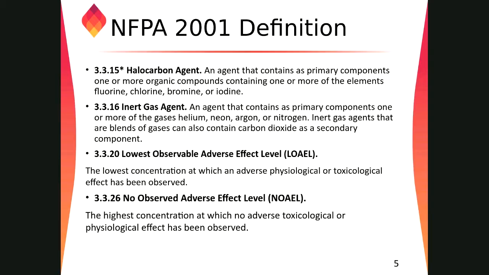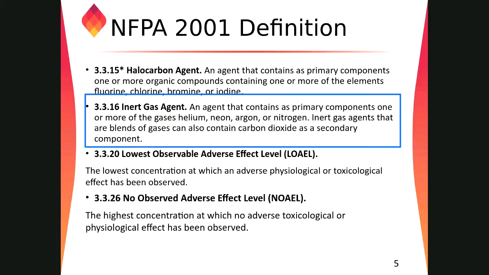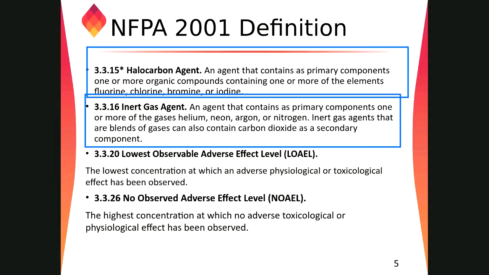The agent contains as its primary component one or more of the gases helium, neon, argon, or nitrogen, and sometimes carbon dioxide as a secondary component. So in the clean agent system, we have two kinds of products: the halocarbon agent and the inert gas agent. We'll discuss them one by one.